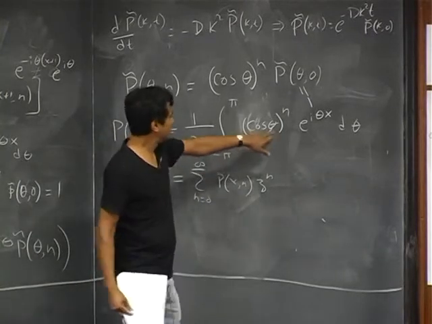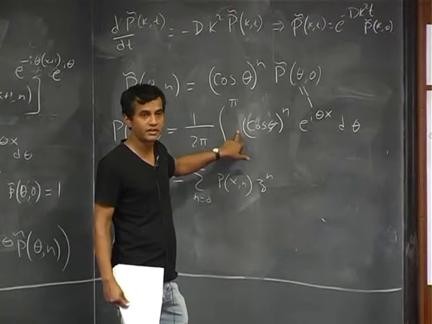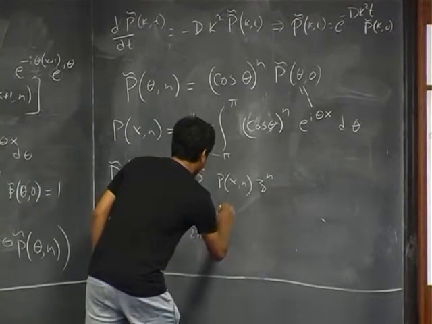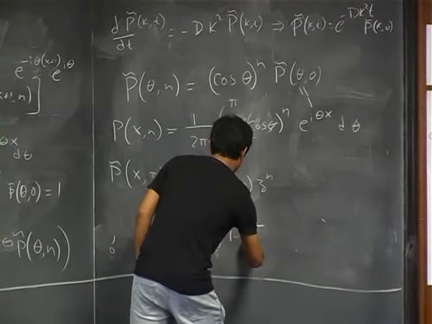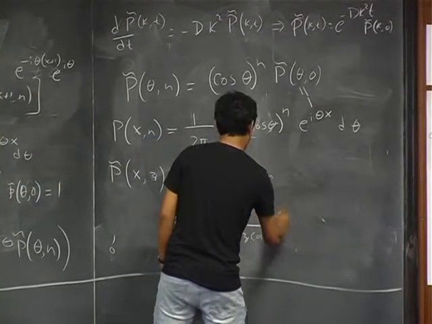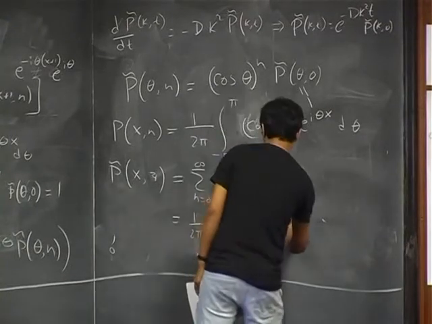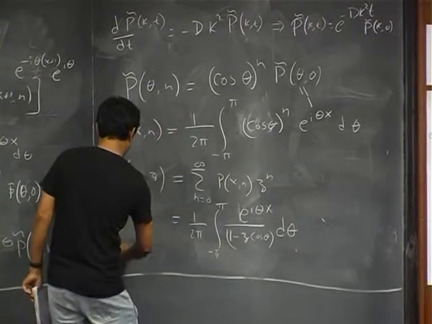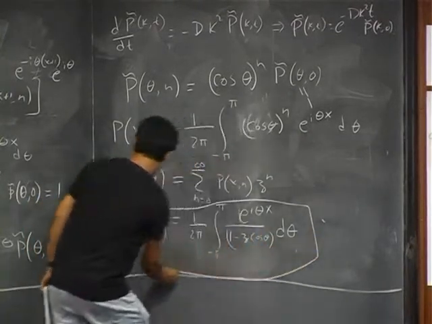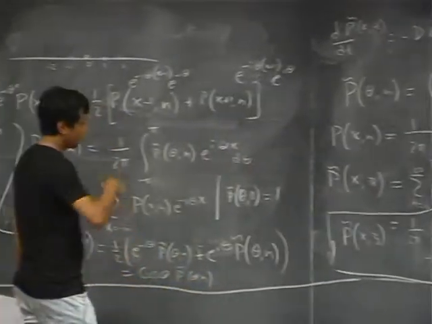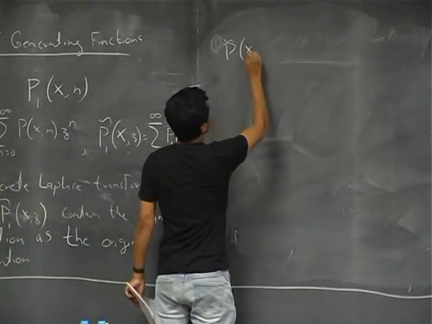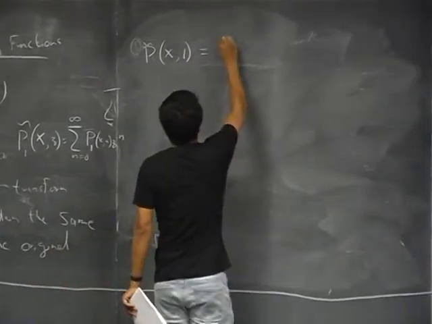If you multiply this by z to the power n, and sum over n equal to 0 to infinity, what do you get? 1 over this, right? So this is equal to 1 by 2 pi x1.